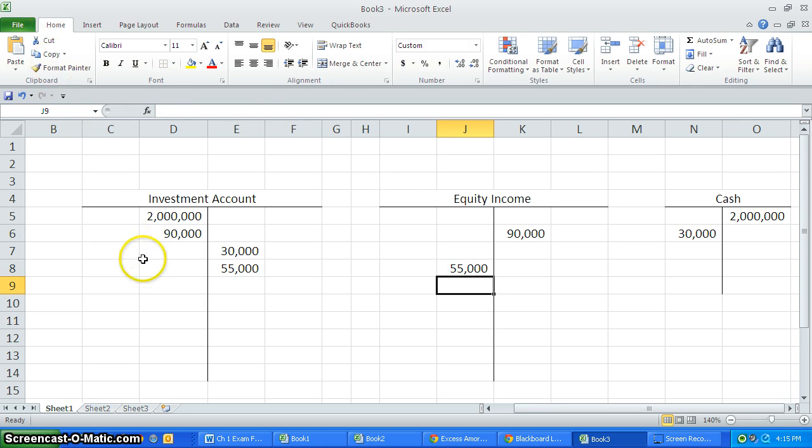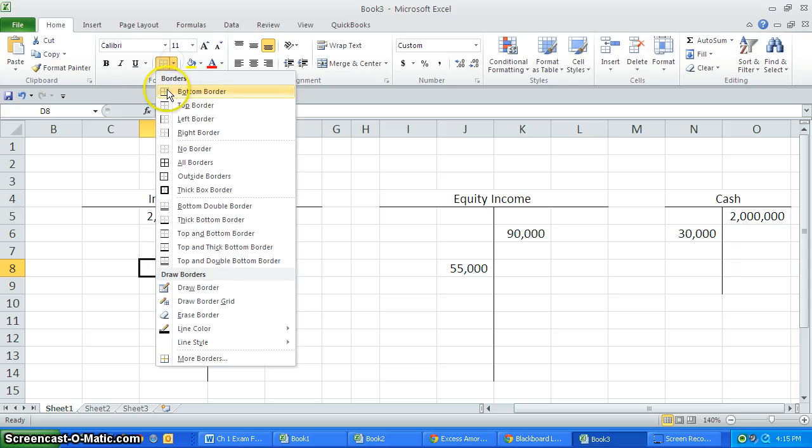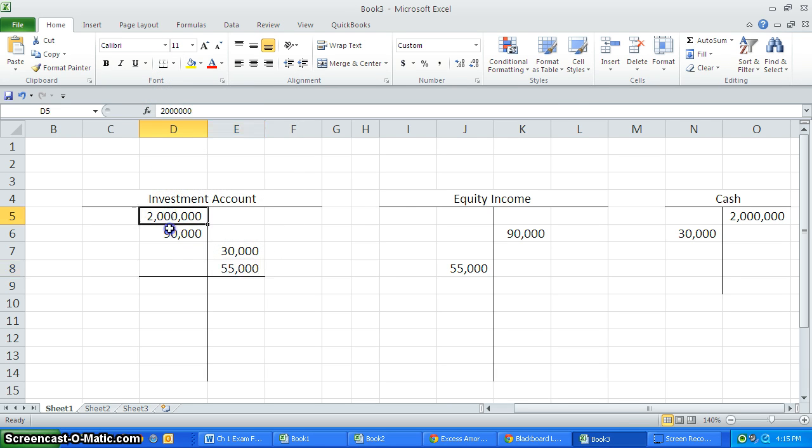So if they're going to ask us the ending balance in our investment account, we're going to take our totals here and then subtract debits from credits. So our answer here is $2,005,000.